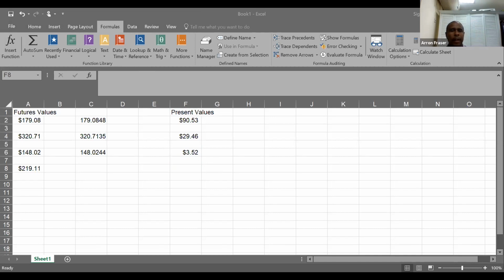Right. And now the final one, it's asking for 3 present values. It's asking you for a present value for $100 using discount factor 12% for 1 year, 2 years, for the first year, the second year, and the third year, right?